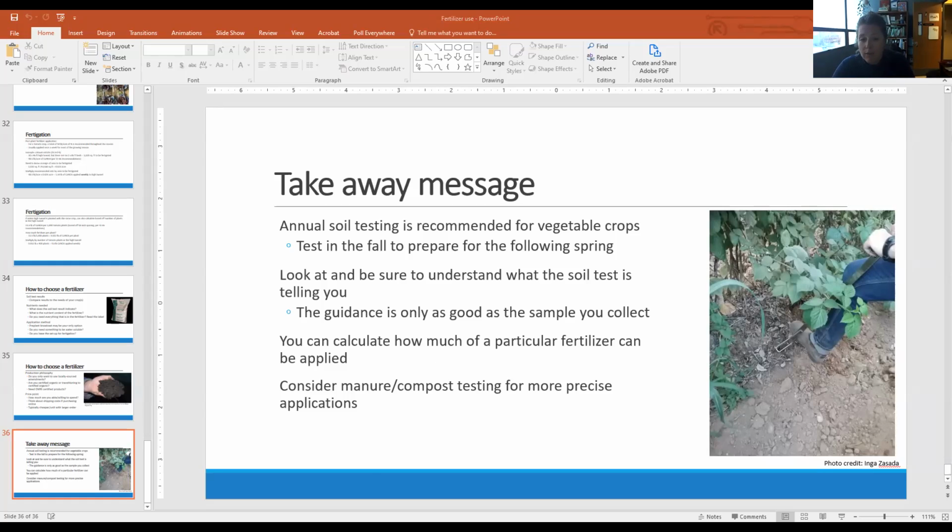But I would highly recommend, if you've never done this before, to make sure you do it correctly. So check out Waters' website. I also have a YouTube video that does a quick tutorial on foliar sampling, and I'll pull that up for you.